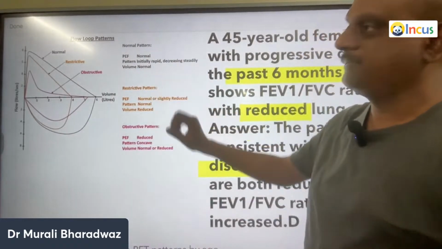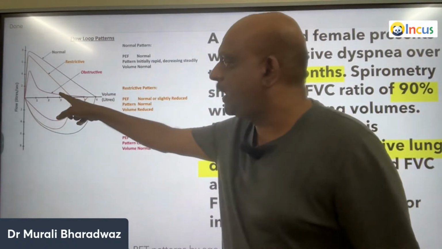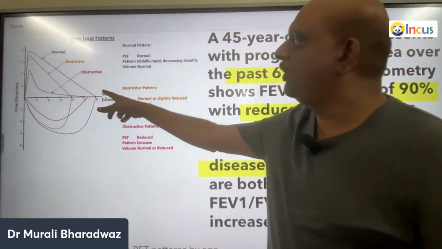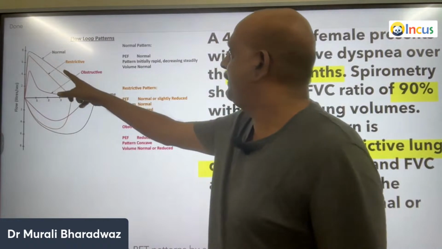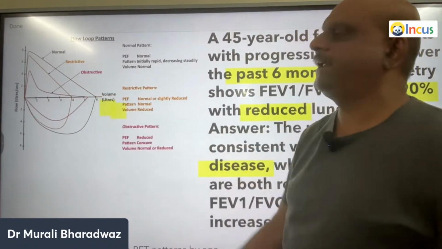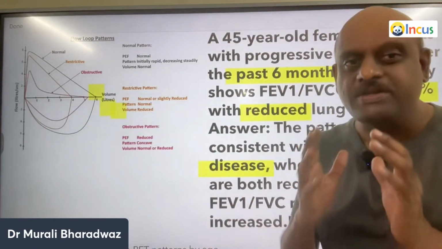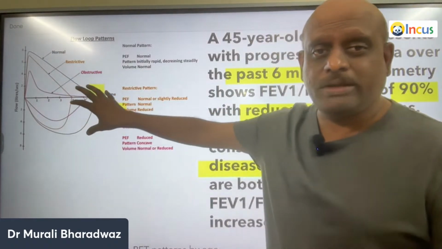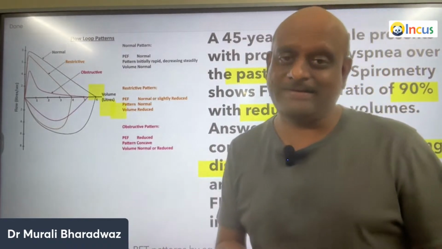Now, if you look at the pattern, you have a normal curve, you have a restrictive curve, you have an obstructive curve. So in normal, the peak expiratory flow rate is normal. And the pattern is initially a rapid decline, then decreasing steadily. And the volume of the lung is normal. Whereas in the restrictive pattern, what do you typically see? You have to recognize in tomorrow's exam, based upon the image of restrictive and obstructive, whether this is this or that.